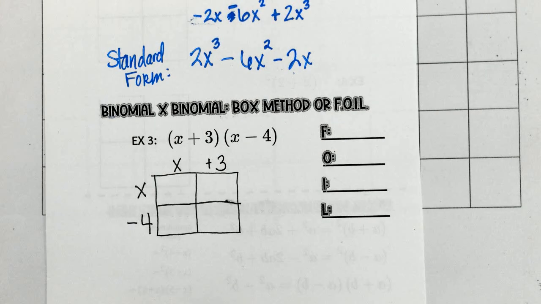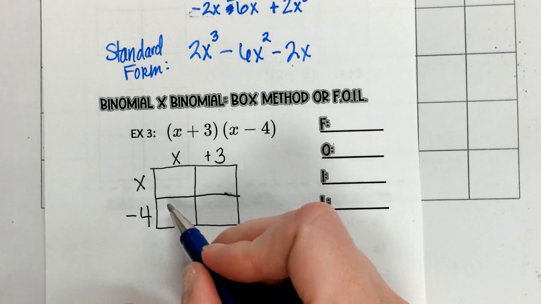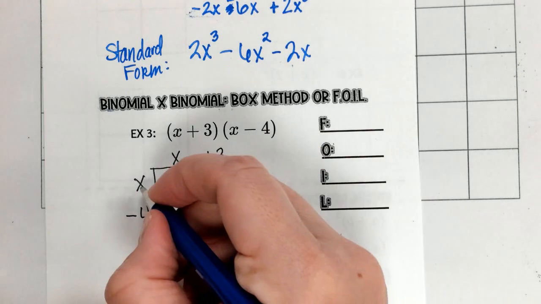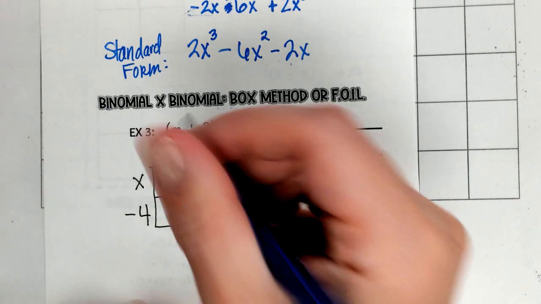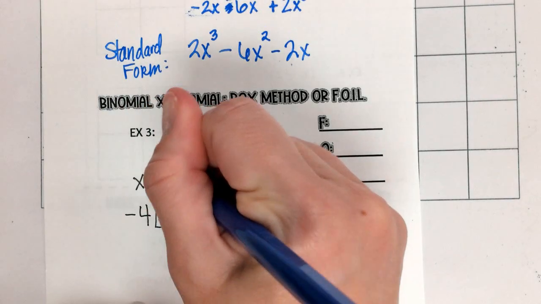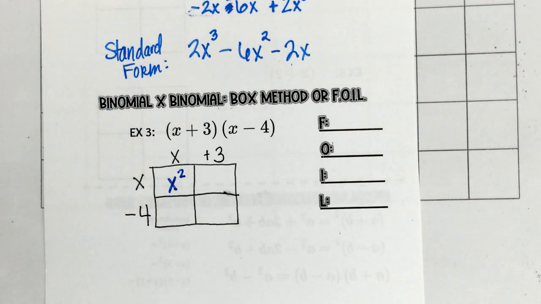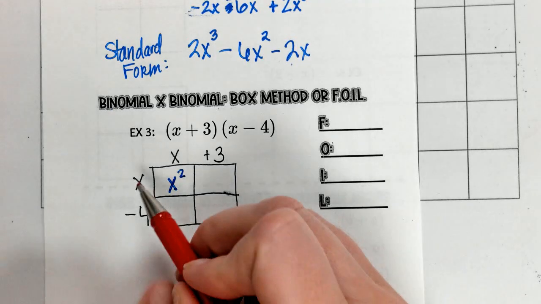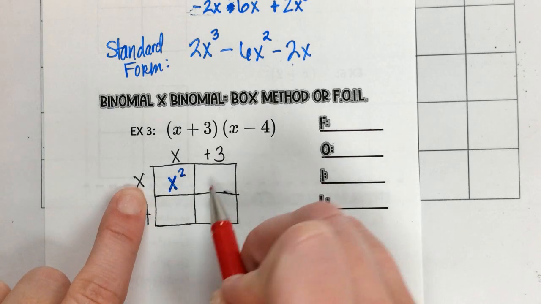All right. And now what we do is we multiply on the sides to fill in the box. So x times x makes x squared. Okay. X times 3 fills this box.